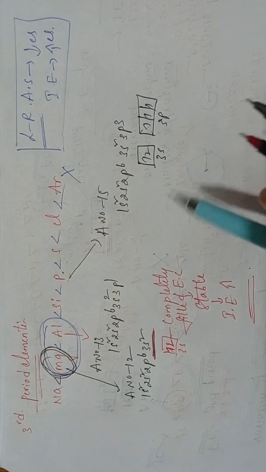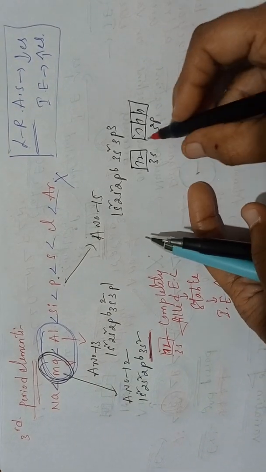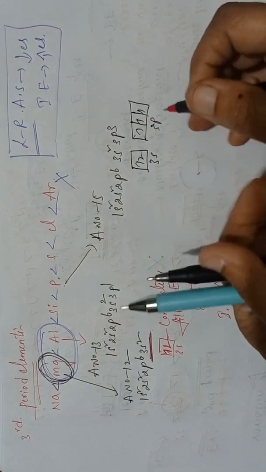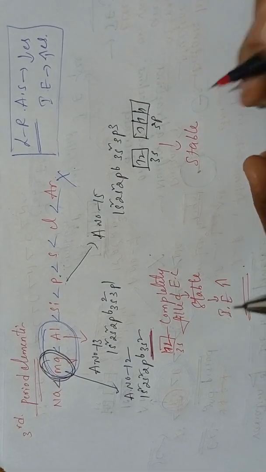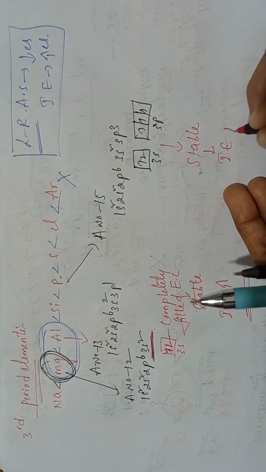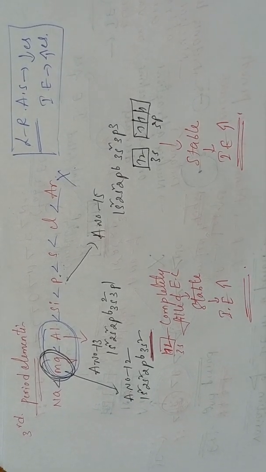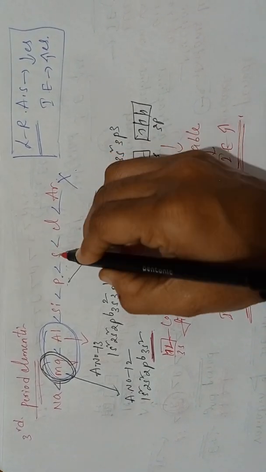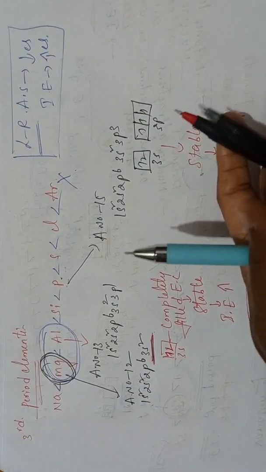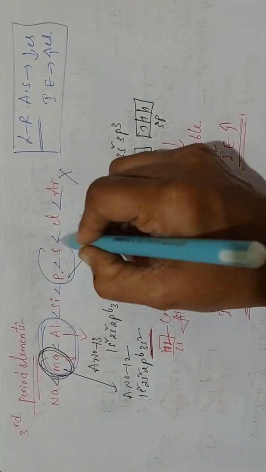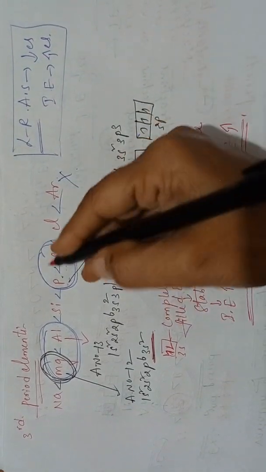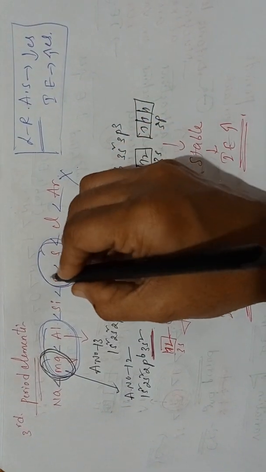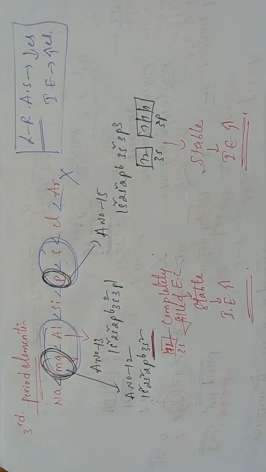It is a half filled electronic configuration, which is stable. That's why ionization energy is more than sulfur. So phosphorus and sulfur, which has more ionization energy? Phosphorus has the more ionization energy.